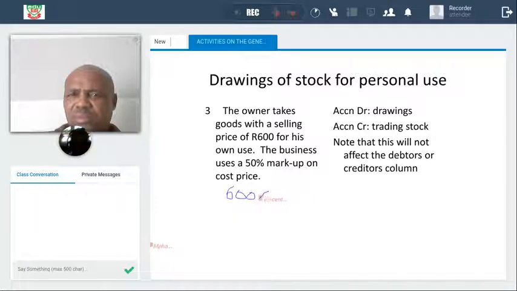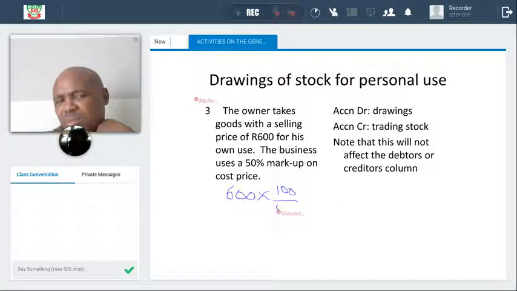We multiply. So we have to look for the cost price, which is the unknown, 100 divided by the known, which is 150.